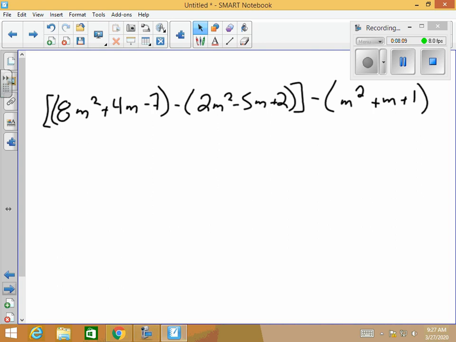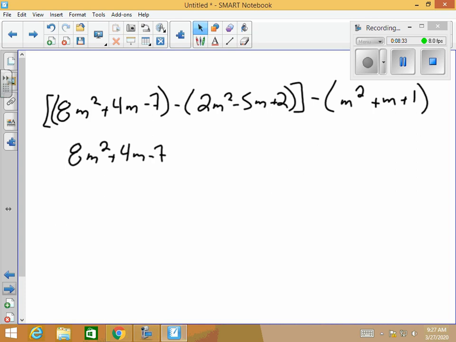But really, if we break it down to our order of operations, things seem to work together very nicely, right? Because if we go into this first set of parentheses, there's nothing we can do with it. Sorry, I'm struggling a little bit. I dropped my pen. There's nothing we can do, so we can simply drop it out of there. We get 8m squared plus 4m minus 7.